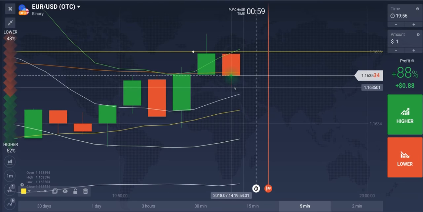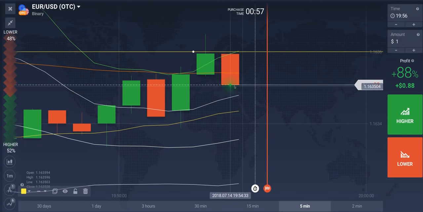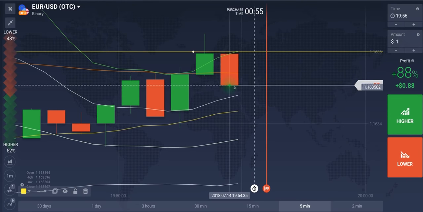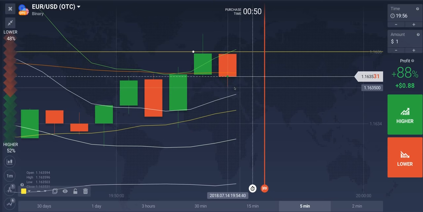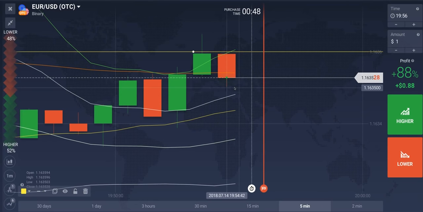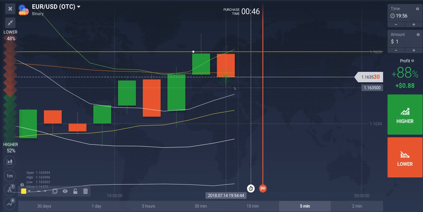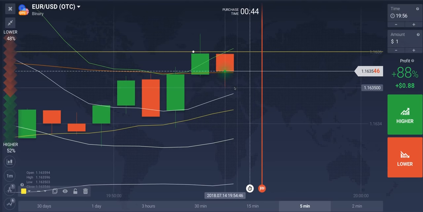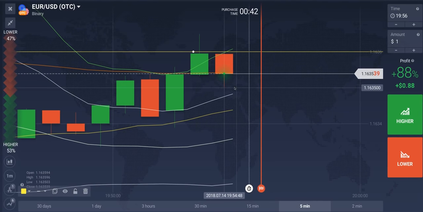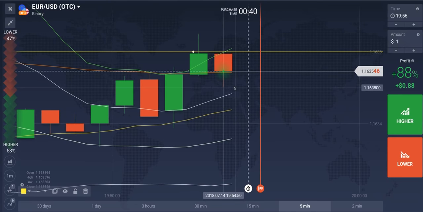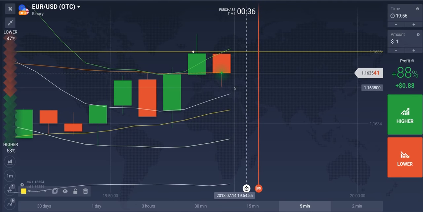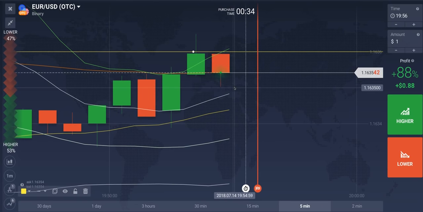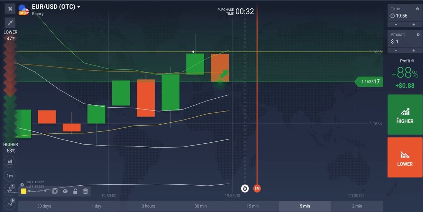That was a good rejection from it's another round level 1.63500, providing support at the moment. Remember, market direction is currently upwards. So we're going to do some trades with respect to current price action following market direction. So hopefully I can show you some good SNR trades. So let's see what happens.